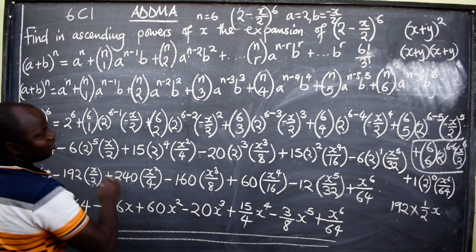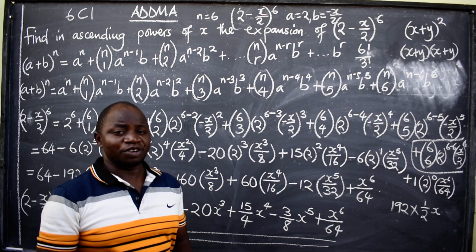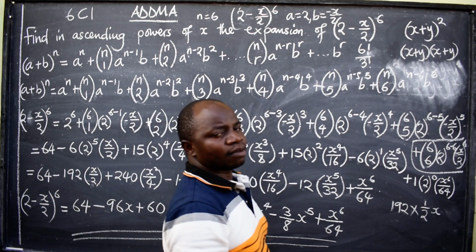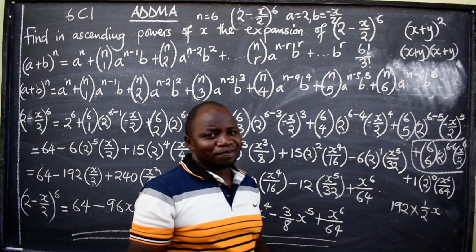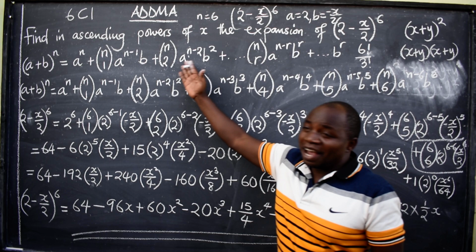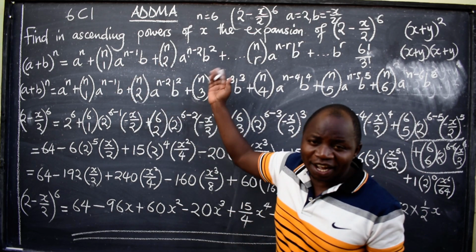There is nothing that can be done at this point, meaning this will now be your answer for this expansion. This is the way we use the binomial theorem in order for you to expand any given power. But remember, you might not know by heart, like I do, the binomial formula.